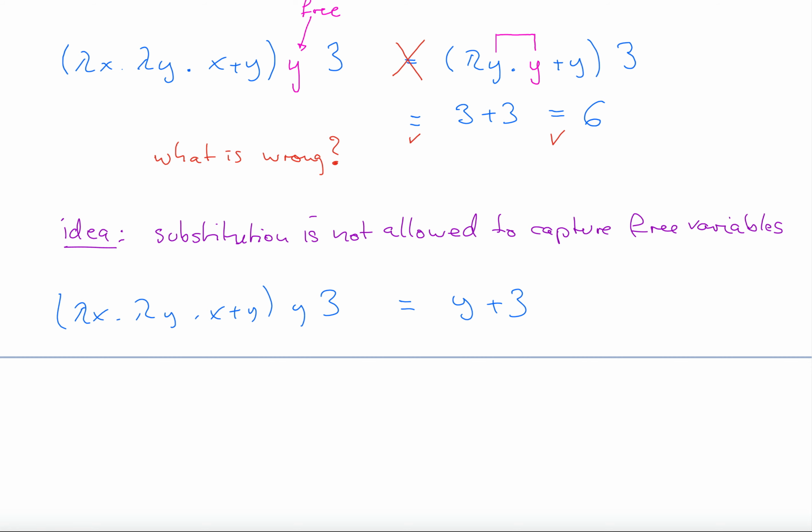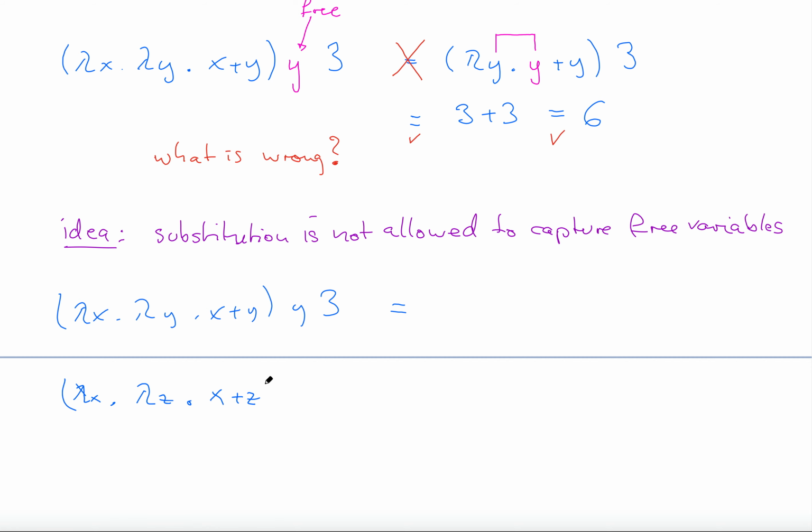And the idea here is the following. The bound variables x and y, in particular the bound y, is just, as we said, a placeholder. And the name of placeholders doesn't matter. So what I can do is replace the name of the placeholder by a different one. So I can replace here the y by a z. It's like in a C function, you can rename the parameters of your function without changing the function.